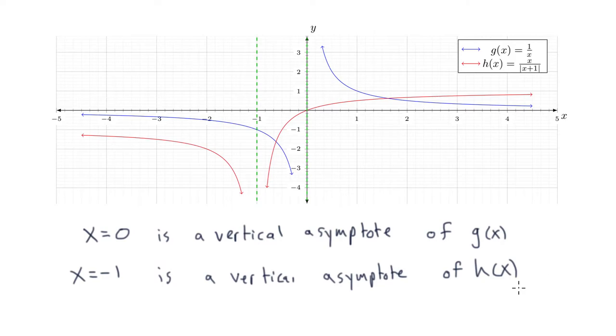Okay, so let's explore the possibilities that are being highlighted here. For g of x, we see that as x approaches 0 from the left, we're going to -infinity, and as x approaches 0 from the right, we're going to infinity. So the function is getting big in two different directions. But for h of x, as we approach -1 from the left and -1 from the right, we're both dive bombing to -infinity.